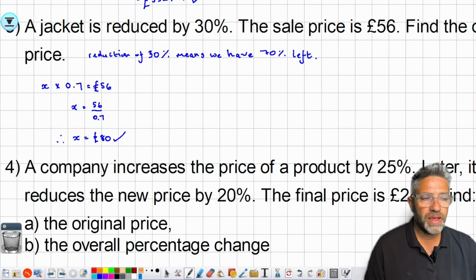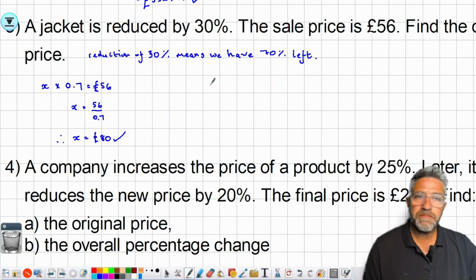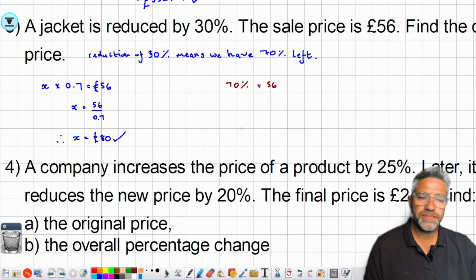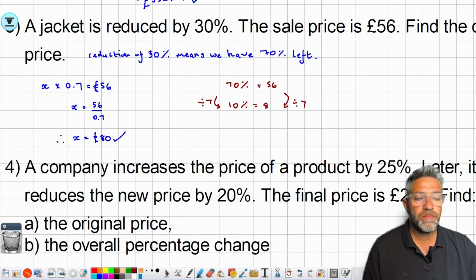Now, I did say I'm going to show you an alternative method, so I'll do that in a different coloured pen. If we've reduced something by 30%, we have 70% left. So we could argue that 70% equals 56. And we can treat this like a ratio almost. If we divide both sides by 7, like so, that would tell us that 10% is worth £8.